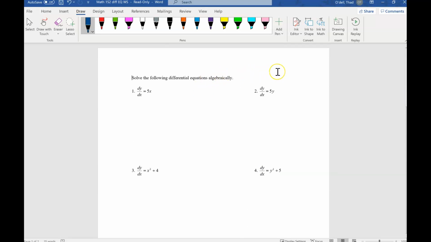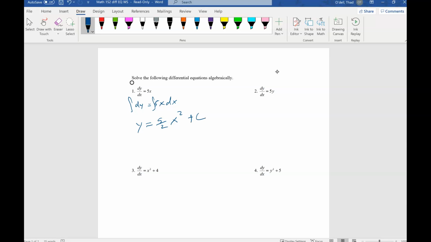So the technique for solving differential equations that we're learning here is just the separation of variables. So in this case, it's pretty easy. I just move dx to the other side. So that's 5x dx. Then I integrate. Integral of dy is y. Integral of 5x dx would be 5 over 2 x squared, and then plus c.